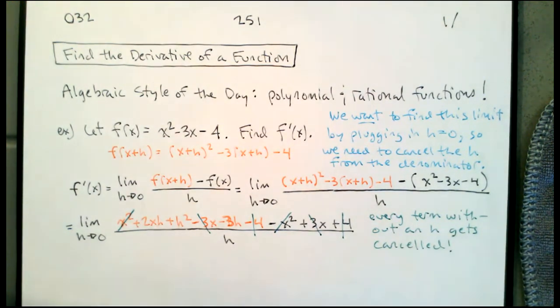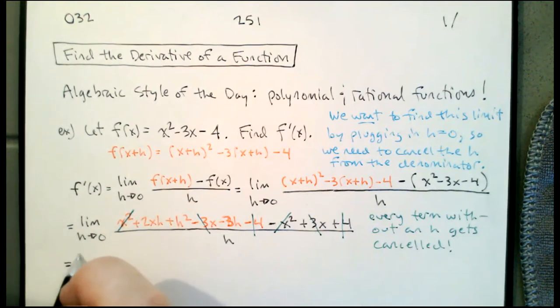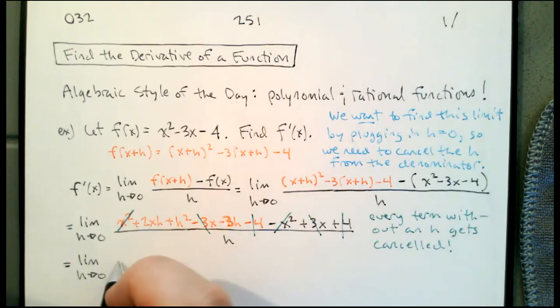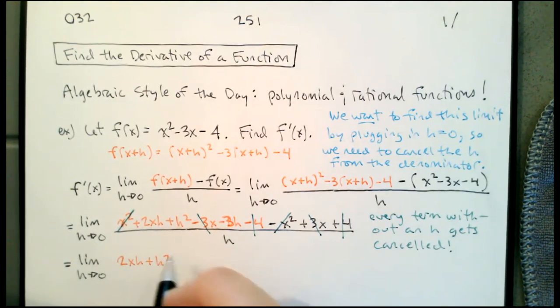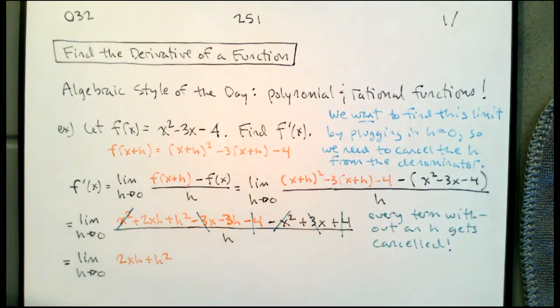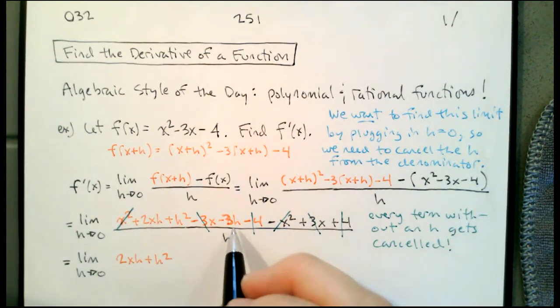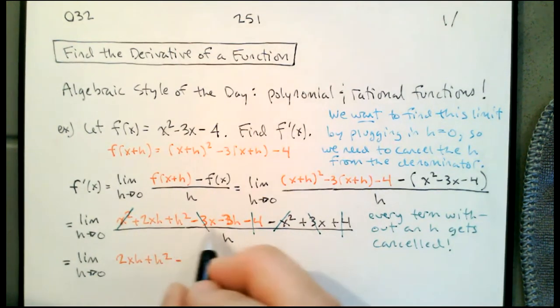And so what we're left with is the limit as h goes to 0 of 2xh plus h squared, and that's it. Plus, oh, minus 3h. Missed that one.